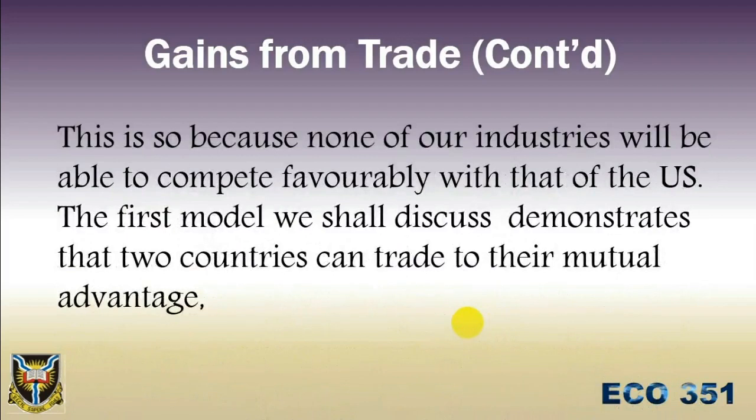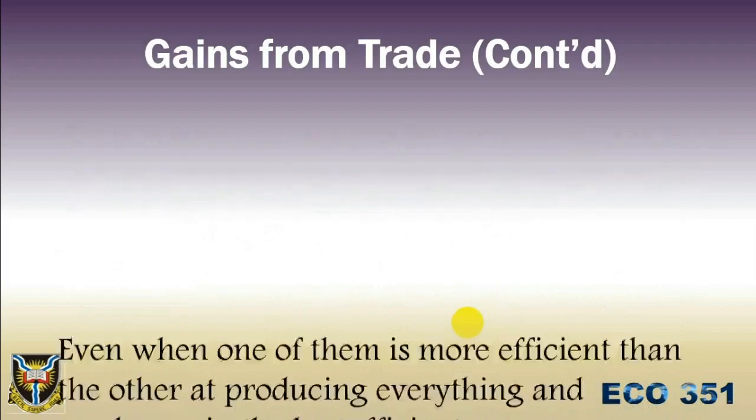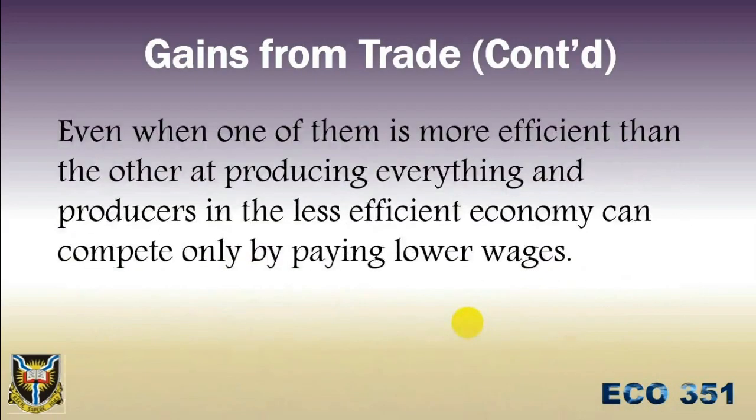The first model we shall discuss in Chapter 2 demonstrates that two countries can trade to their mutual benefit even when one of them is more efficient than the other at producing everything, and producers in the less efficient country can compete only by paying lower wages.